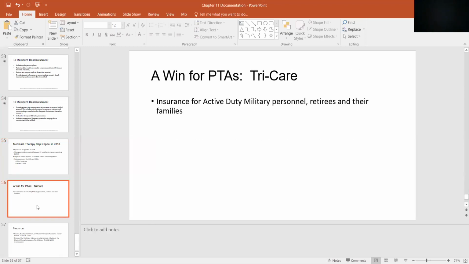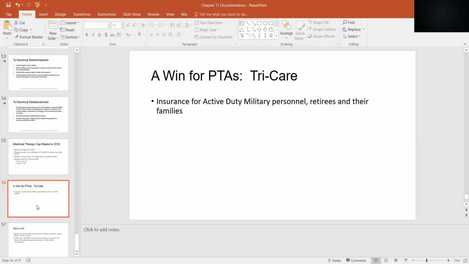But on the flip side, we're going to end on a happy note. TRICARE. TRICARE is insurance for active duty military personnel, retirees, and their families. And TRICARE used to not allow PTAs to see their patients. They would not allow it. Only a PT could see their patient for them to get reimbursed. The APTA worked hard and they got this repealed.